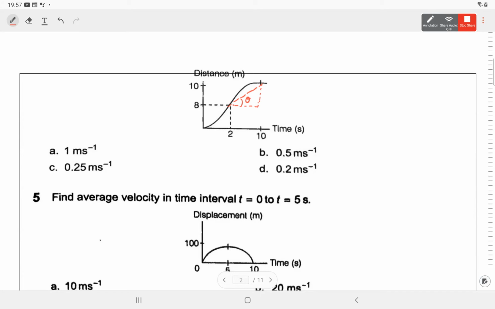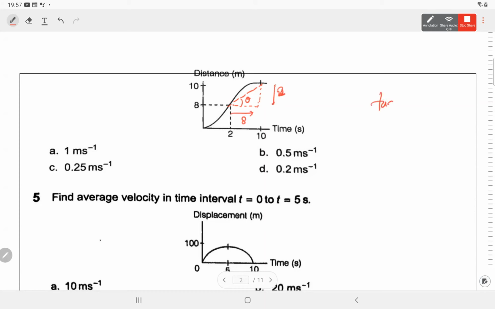How much is that? So 0.25. tan theta is perpendicular over base: 10 minus 2 is 8, and 12 minus 2 is 2, so 2 by 8, which is 1 by 4.